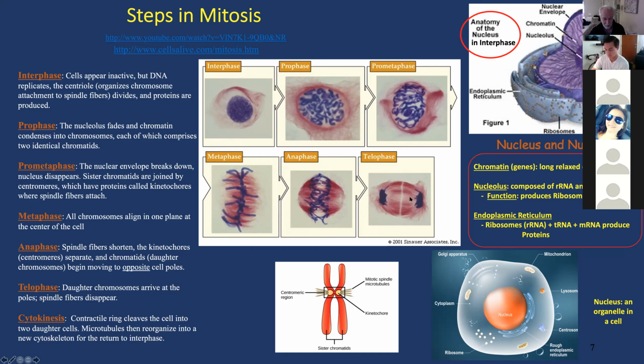Then in telophase, the chromosomes arrive at the poles and the spindle fibers disappear, they're not needed anymore. And then finally the cell has to divide, and that's called cytokinesis, or a contractile ring. I'll show you that in the next slide. In animal cells, a contractile ring forms and cleaves the cell into 2 daughters.